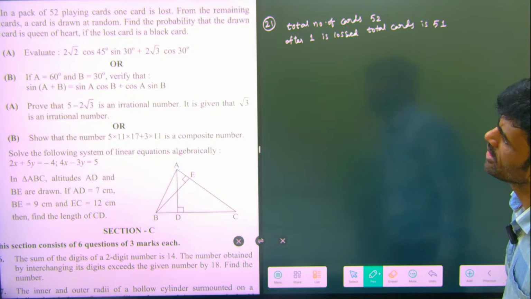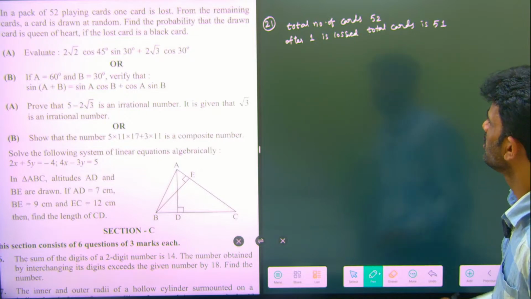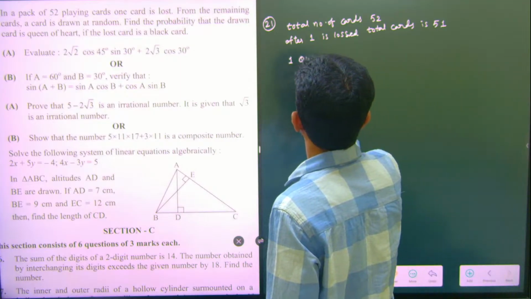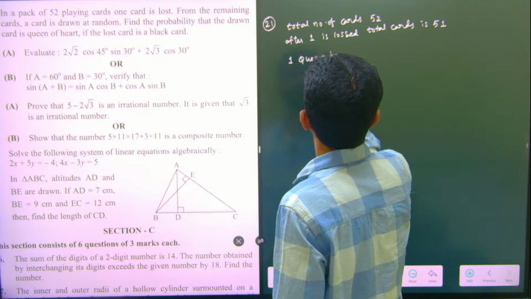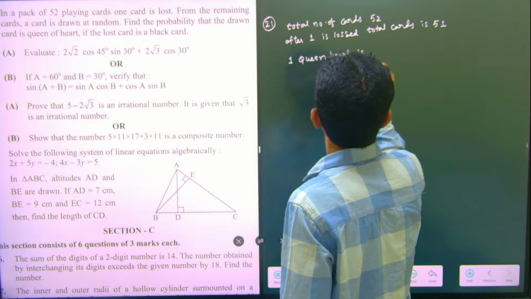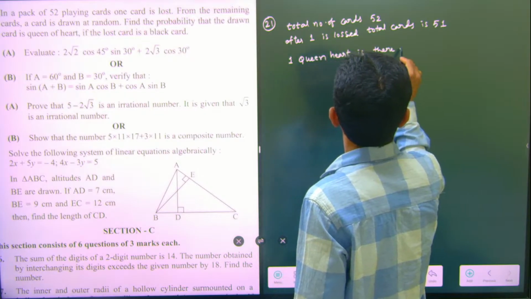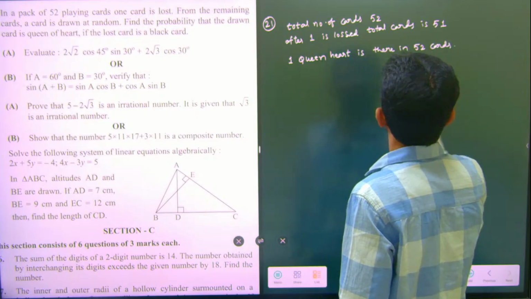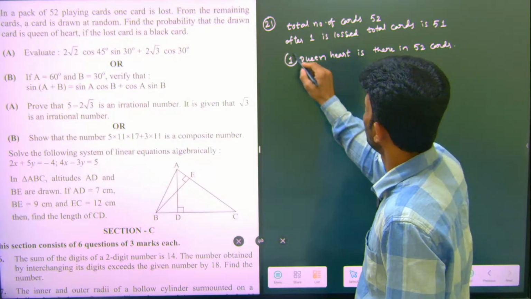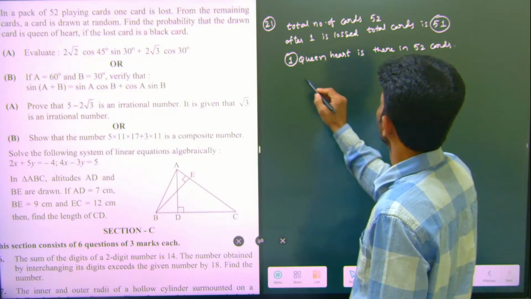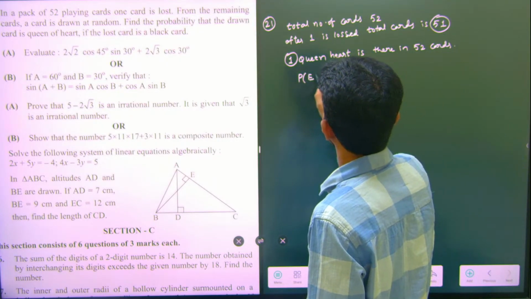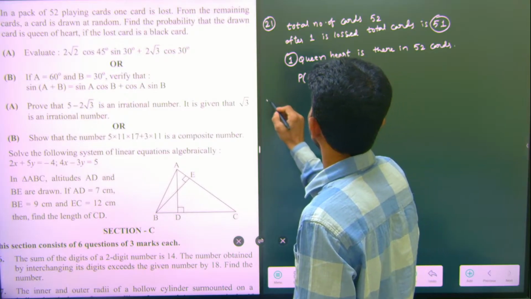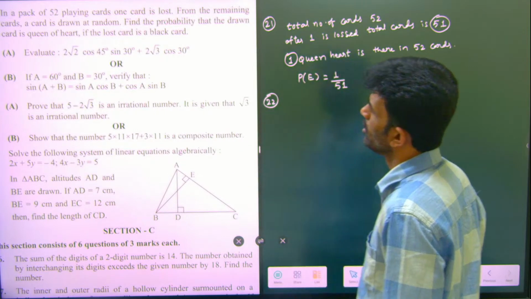Then find the probability that card drawn is queen of heart. There will be one queen of heart. So favorable is 1 and total are 51. So probability is what? 1 by 51.